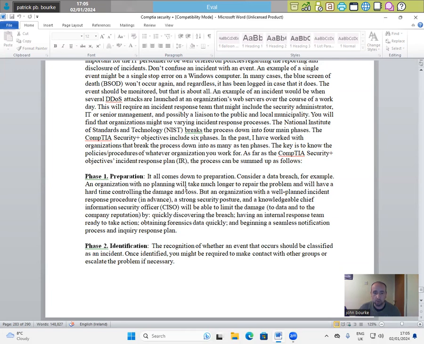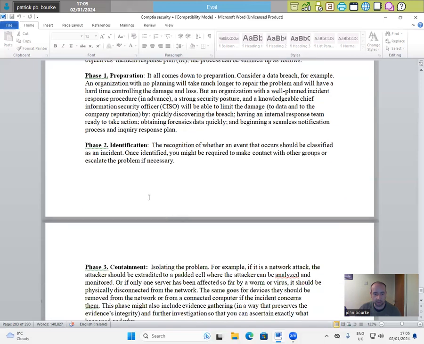An organization with no planning will take much longer to repair the problem and will have a hard time controlling the damage and loss, while an organization with a well-planned incident response procedure in advance, a strong security posture, and a knowledgeable Chief Information Security Officer, CISO, will be able to limit the damage to data and to the company reputation by quickly discovering the breach, having an internal response team ready to take action, obtaining forensics data quickly, and beginning the seamless notification process and inquiry response plan.